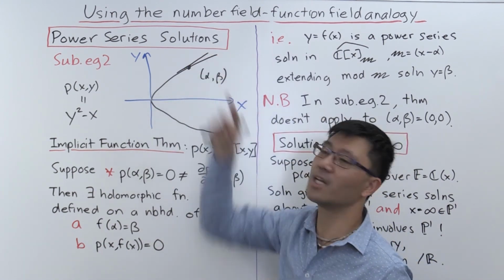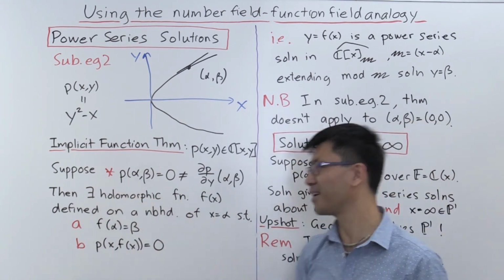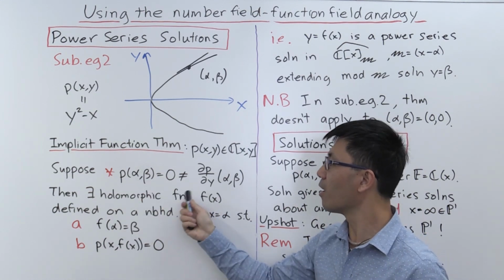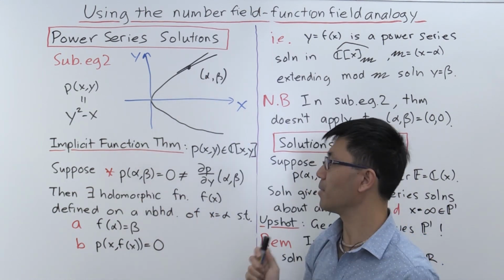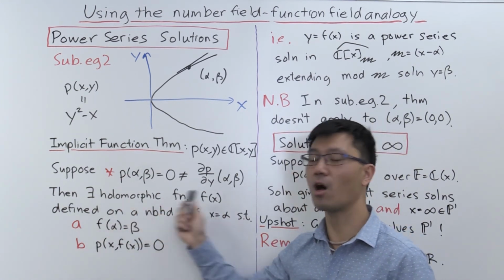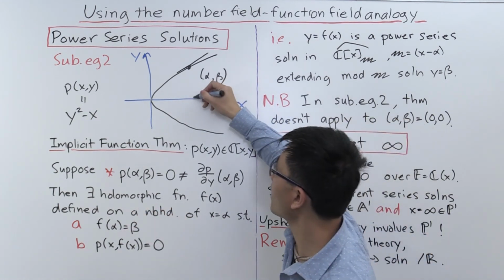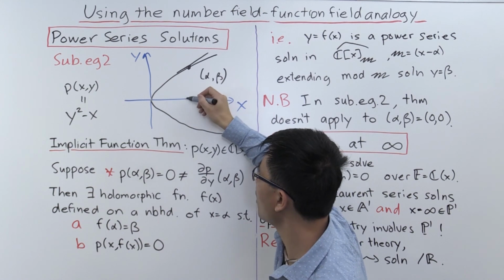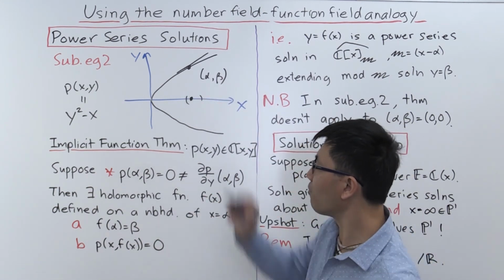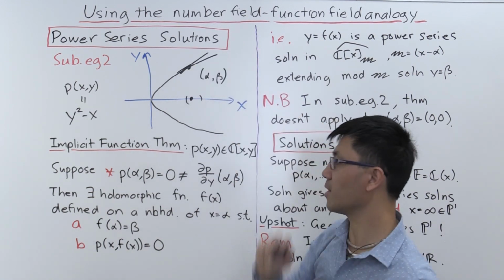So around here, locally, you can invert it. More precisely, the statement is the following. You've got a kind of function which describes locally what's happening here. That's f of x. It's a holomorphic function. So there exists a holomorphic function. It's only defined on a neighborhood of this point x equals alpha. So there's some neighborhood here. And basically, if you look at the graph of that, it lies inside here.